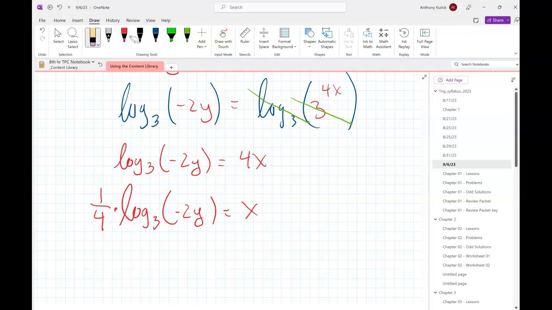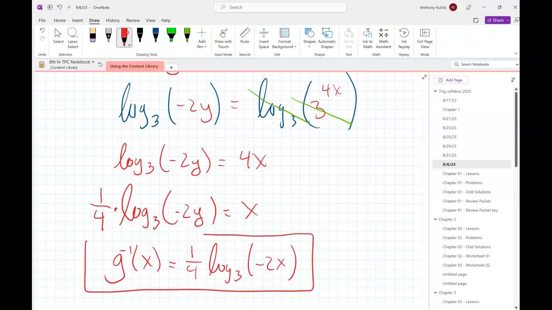So then I can rewrite this in function notation and swap the x's and y's to get this.